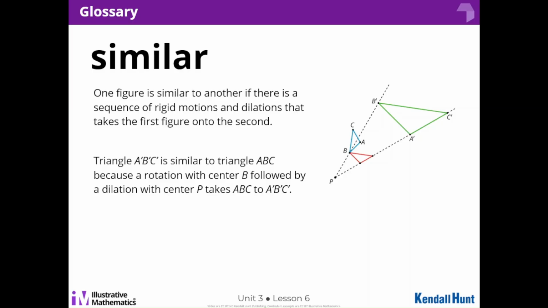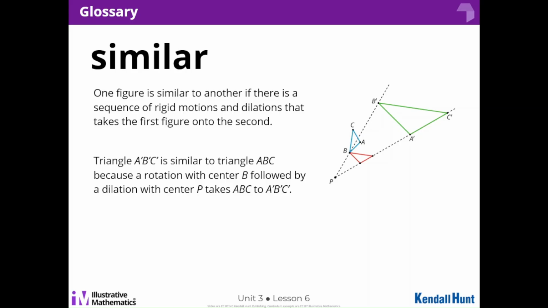Triangle A prime, B prime, C prime, which is the green triangle, is similar to triangle ABC because a rotation with center B followed by a dilation with center P takes ABC to A prime, B prime, C prime.